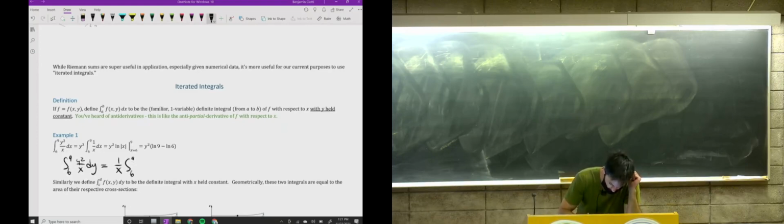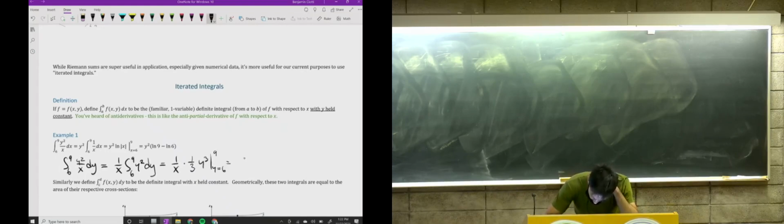And we would integrate that 1 over x factor times the integral of y squared dy, which would be 1 over x times 1/3 y cubed evaluated from y equals 6 to 9, which would be 1/3 of 9 cubed minus 6 cubed, all over x.